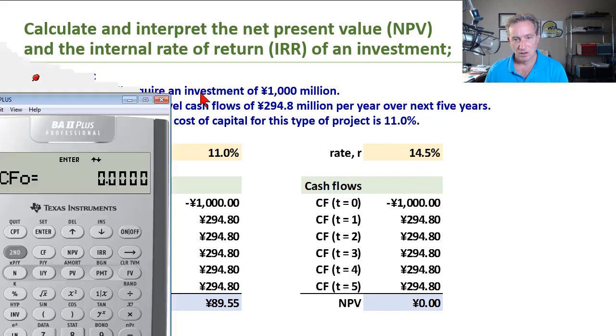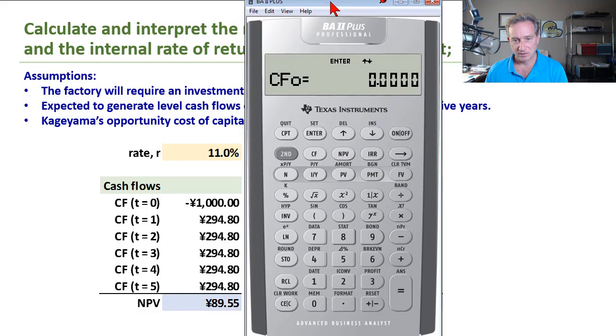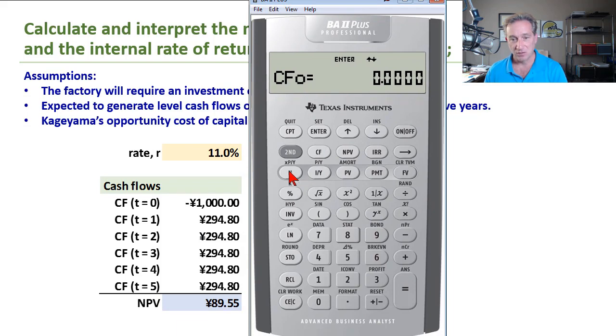So, okay, I'll do it quickly with my calculator. I hit the cash flow, and I remember my first step here is second, clear that worksheet, and give it the first cash flow here. That's 1,000, but it's a negative. That's the outflow or the investment. Enter. And then I go down arrow to that first cash flow here, 294.8. Enter, down arrow. Now I get to use the frequency, right? Rather than rekey it every time, it's level for 5 periods or 5 years.